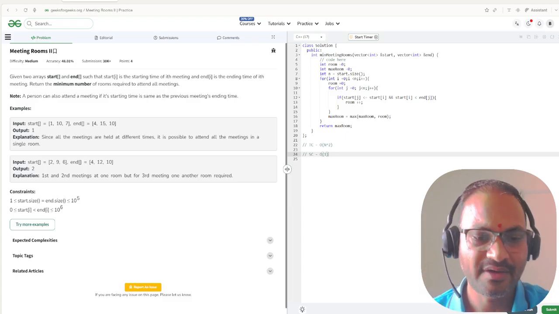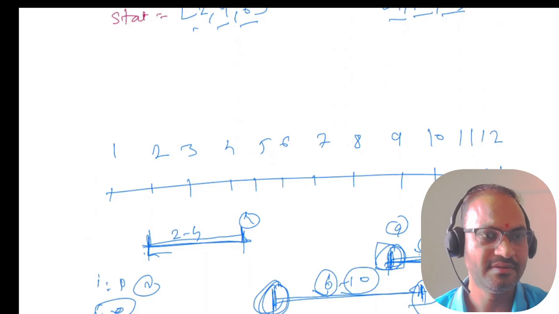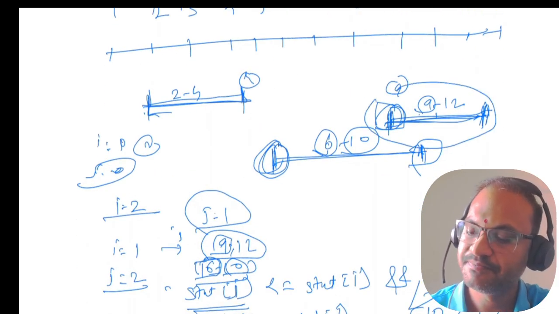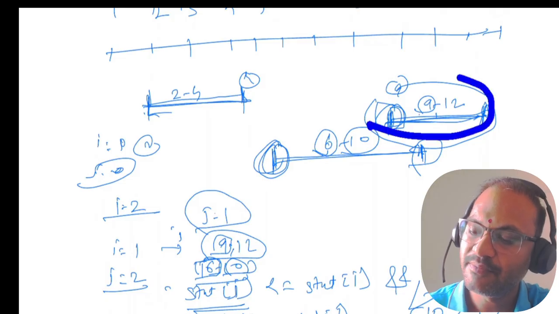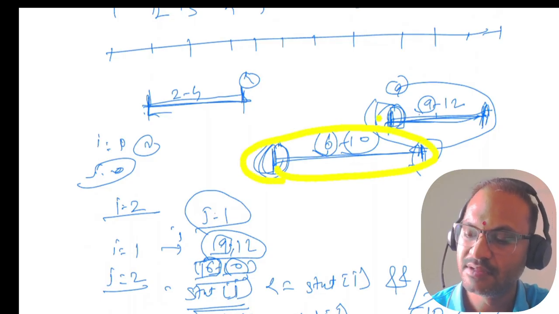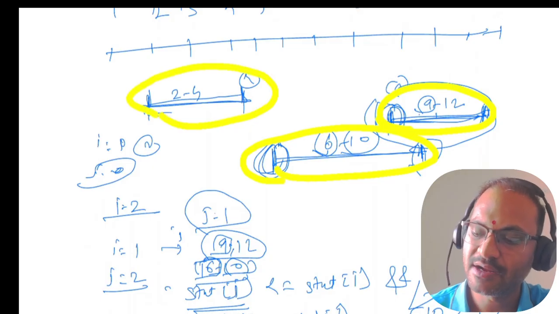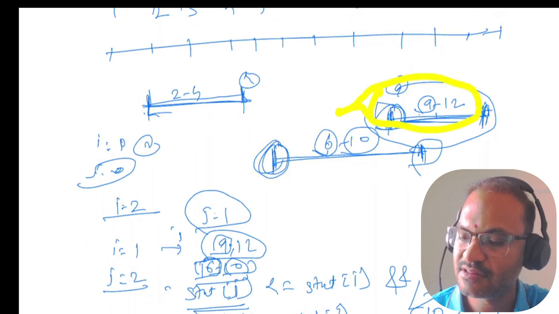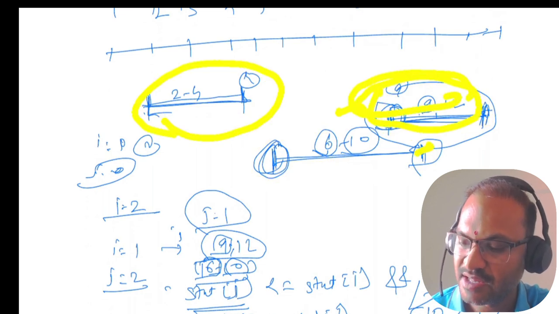If I go here, what we were doing was comparison for this one separately, and then comparison for this one alone. Firstly this one, so we are comparing this and this. Then for this we are comparing with this, with this, and then with this.